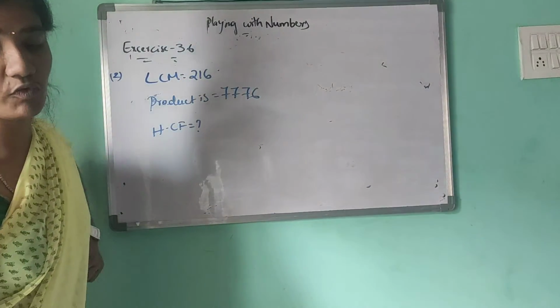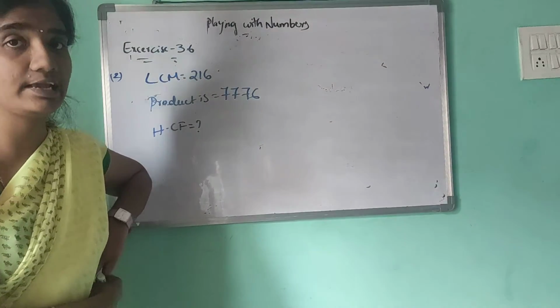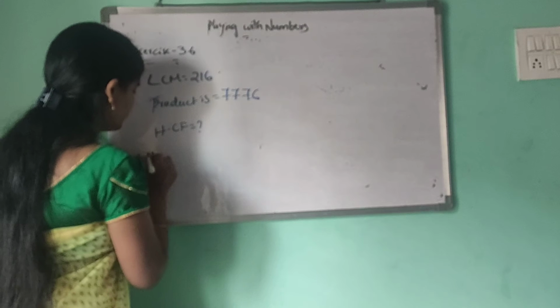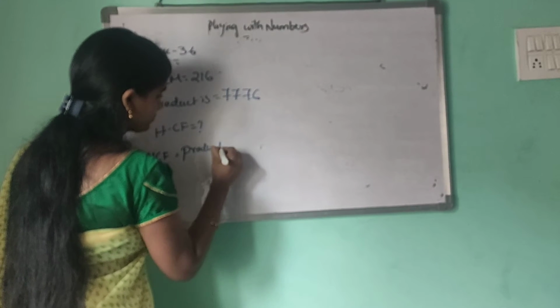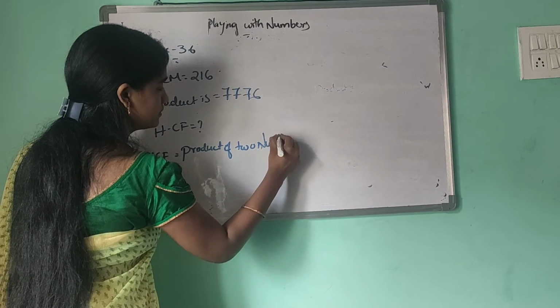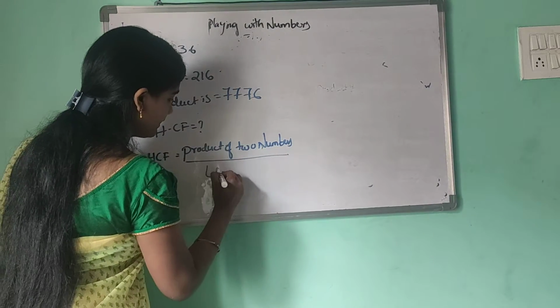How to find HCF? We already know a few problems on the relationship between the LCM and HCF products. So HCF is equal to the product of two numbers by LCM.